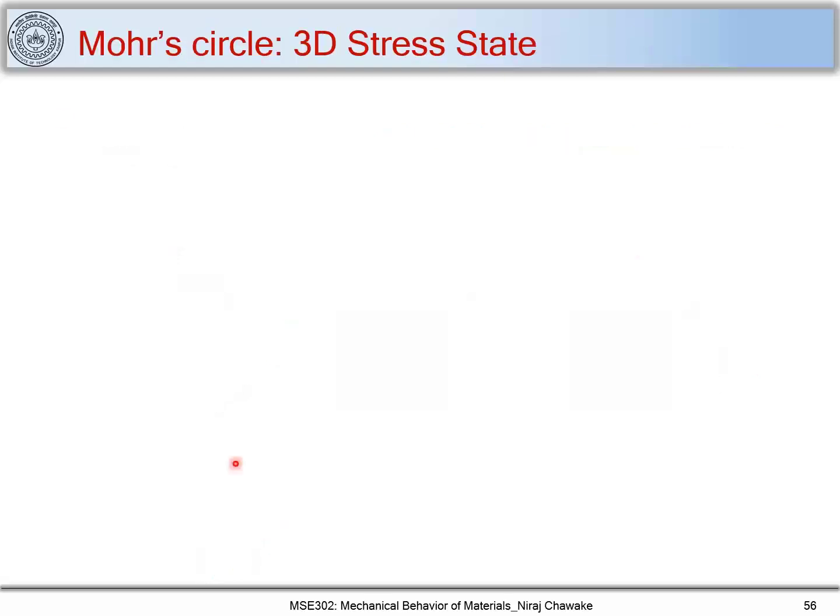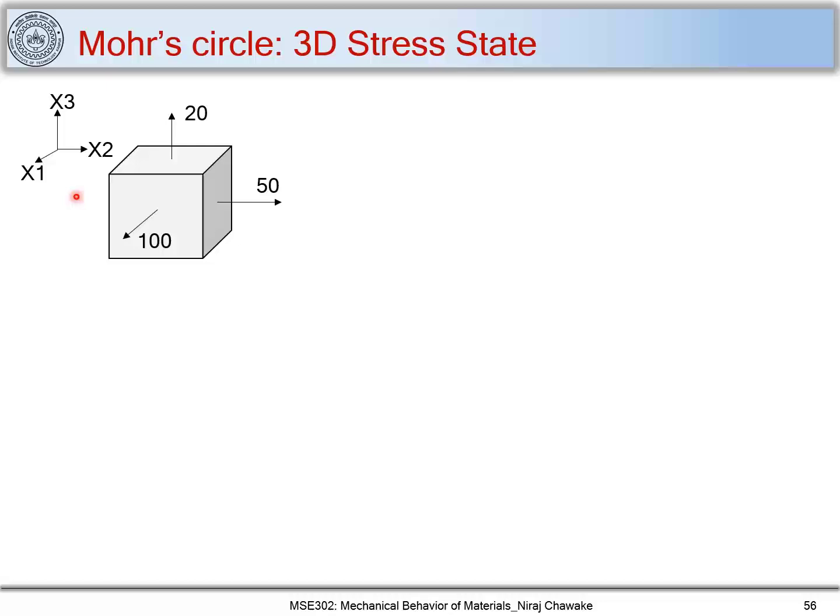If you recollect the construction of Mohr's circle, let's take an example and try to understand how we can construct Mohr's circles for a 3D stress state. You have these principal stresses acting on the 1, 2 and 3 planes. Let me mark those coordinates x1, x2, x3. You have sigma 1 equal to 100, sigma 2 equal to 50 and sigma 3 equal to 20 MPa.